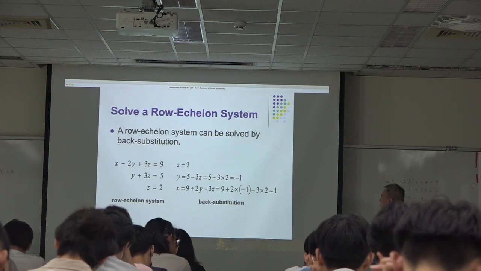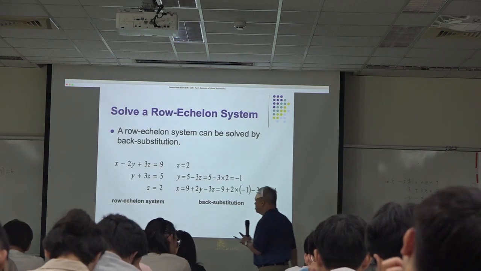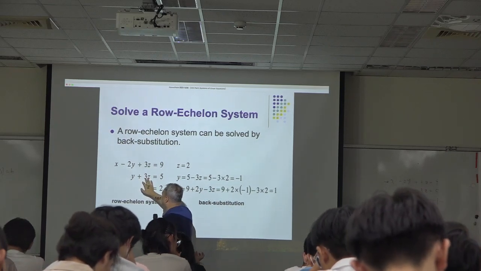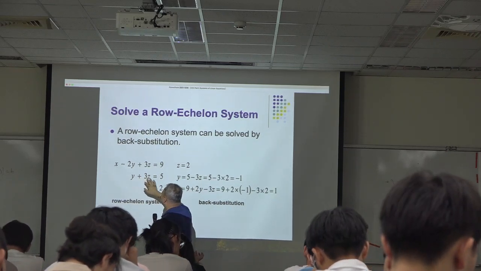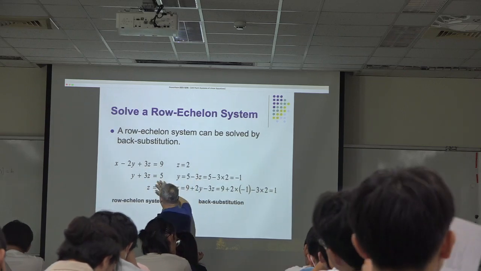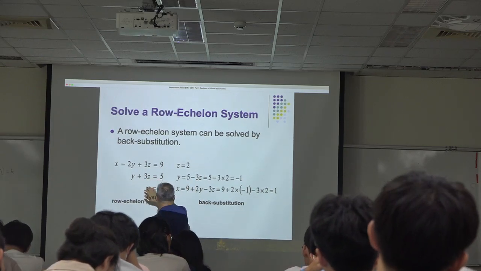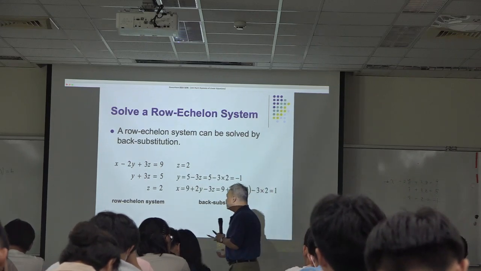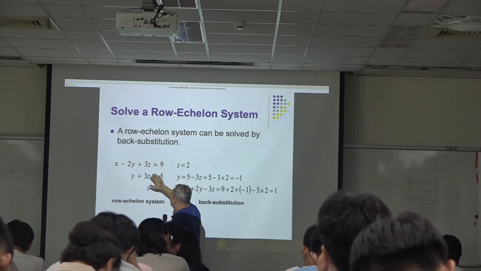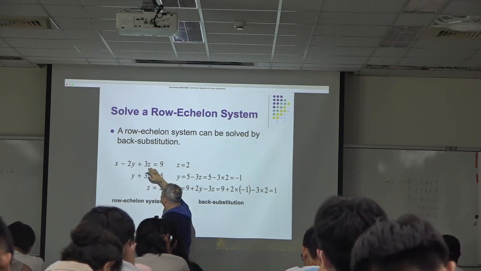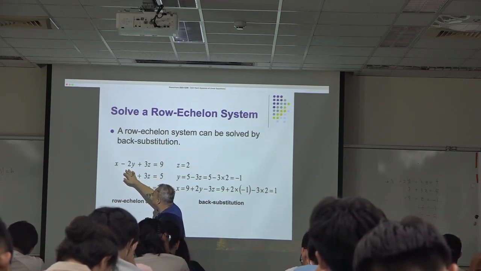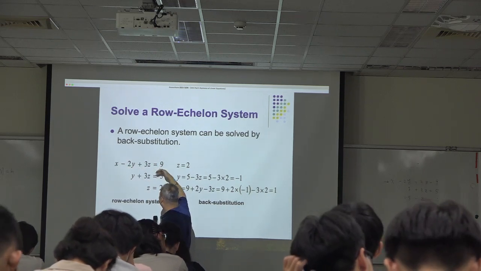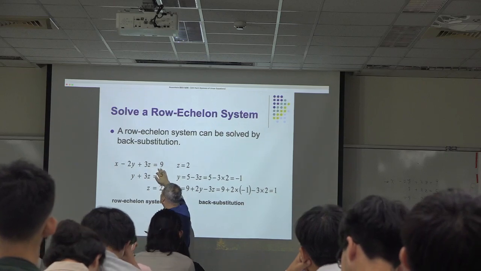Because z is 2, that one is for sure. When z is 2, you substitute z by 2, so y plus 6 equal to 5. So y is -1. And then y is -1, z is 2, so you put the -1 for y and the 2 for z. So it becomes x plus 2 plus 6 equal to 9.